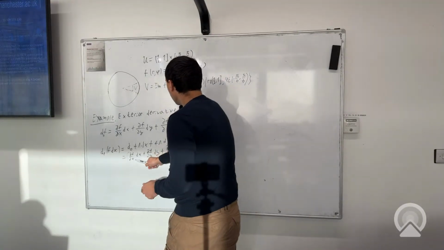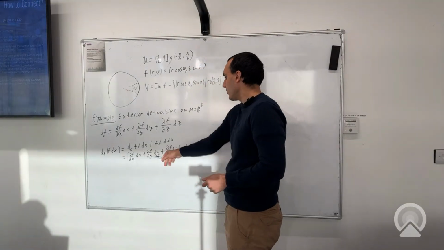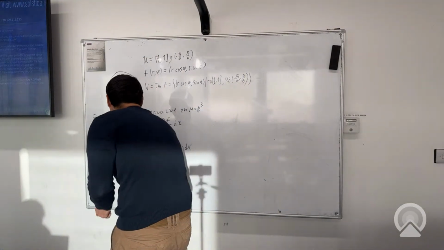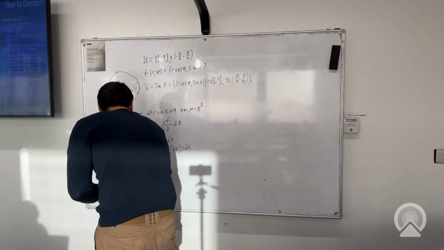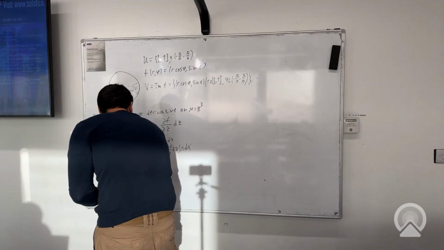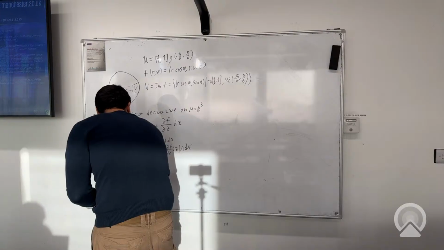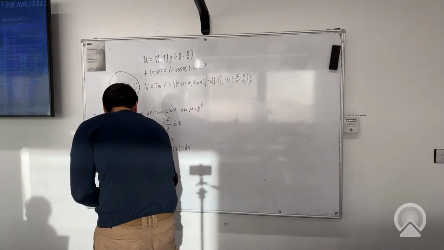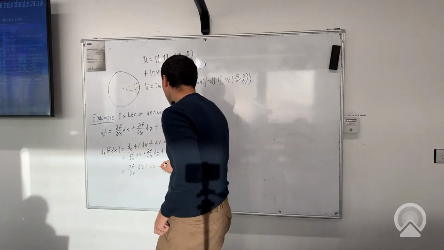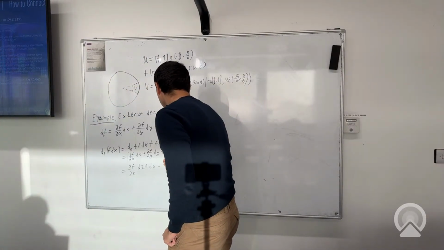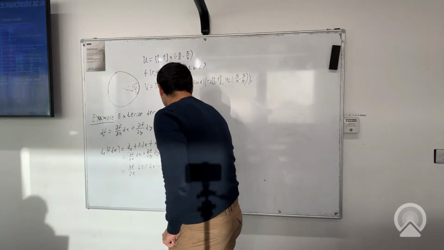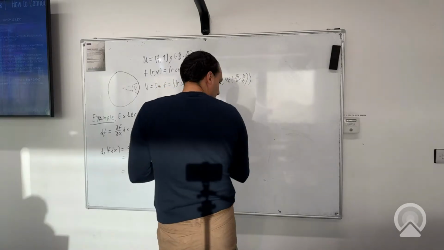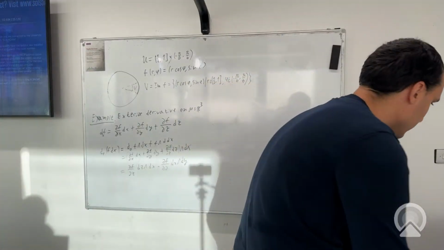Now dx wedge dx is 0, so I have only dy and dz, and I will group them. So I'll have partial f partial z times dz wedge dx, and this I get with my sign minus. This will be partial f partial y dx wedge dy.